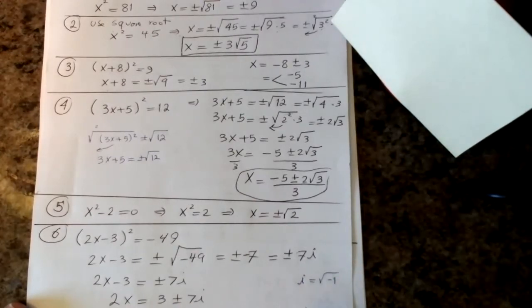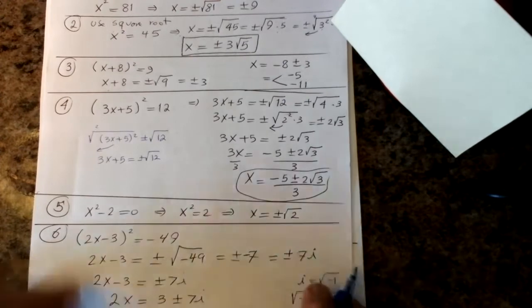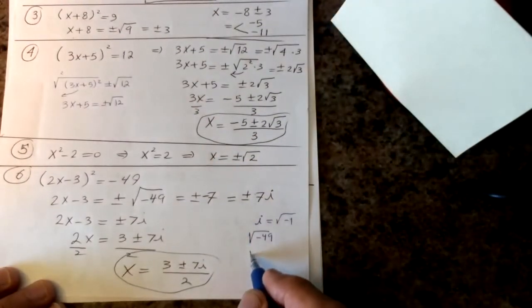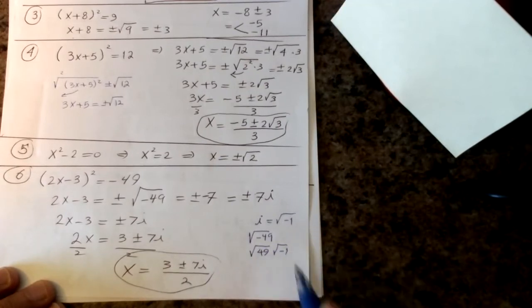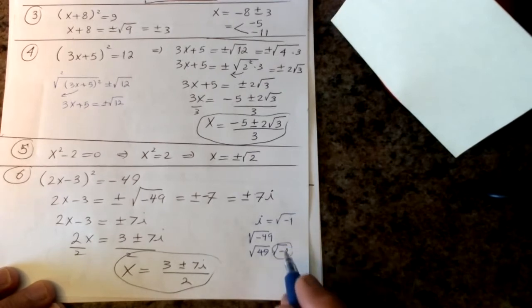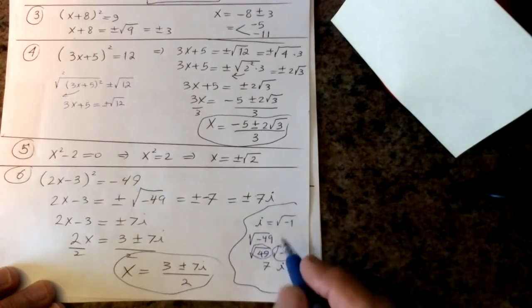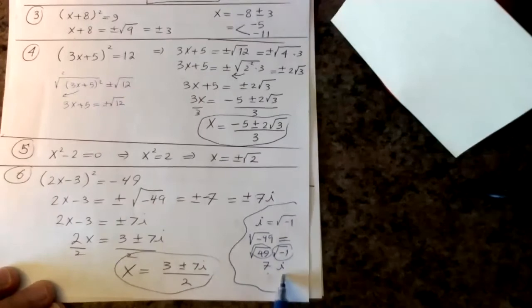So if I have radical minus 49, you could write it as radical 49 times radical negative 1, and negative 1 is the i, and radical 49 is the 7. So radical minus 49 is 7i. So you don't have a real answer, but you do have imaginary.